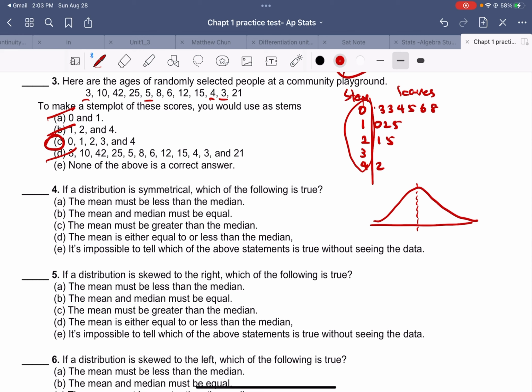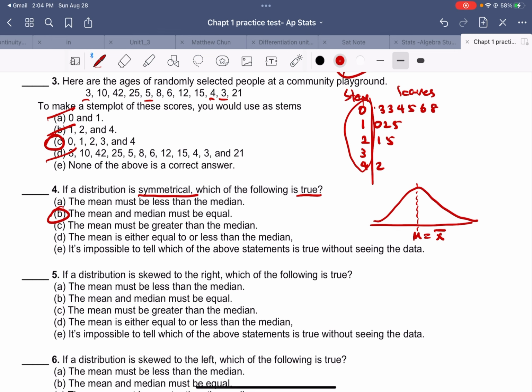So then which one is true? If it's a perfectly normal bell curve, then your median and mean are the same. If it's exactly symmetrical, then they're the same. So you have to choose, they must be equal, right? So number 4 should be B.